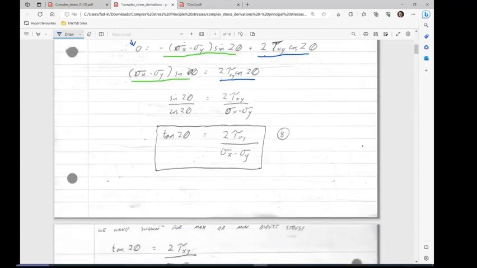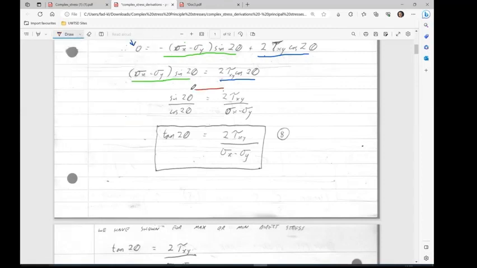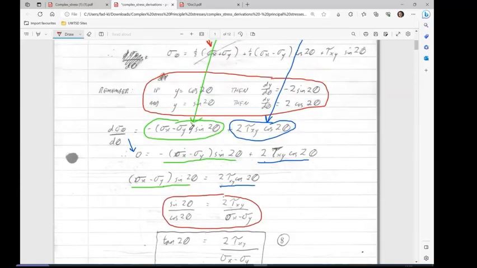If we then divide through by cos 2 theta on this side, and we've divided through by sigma x minus sigma y on that side, we end up with this equation here. And then hopefully we can remember that sine 2 theta over cos 2 theta is equal to tan 2 theta. So this equation here tells me the gradient of that function anywhere.